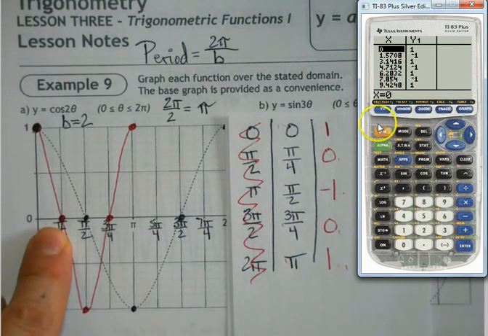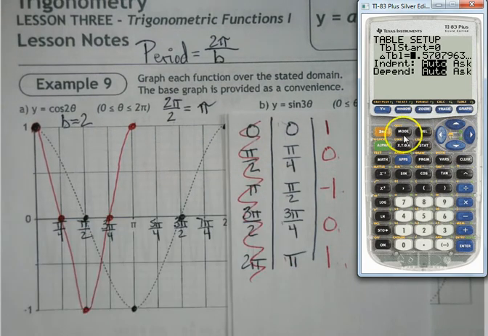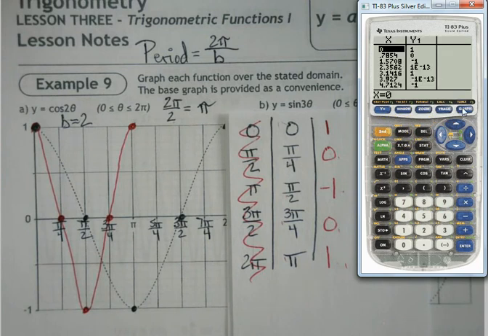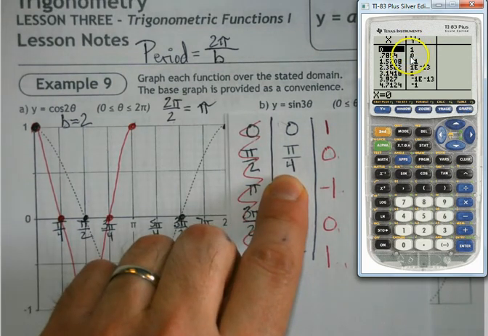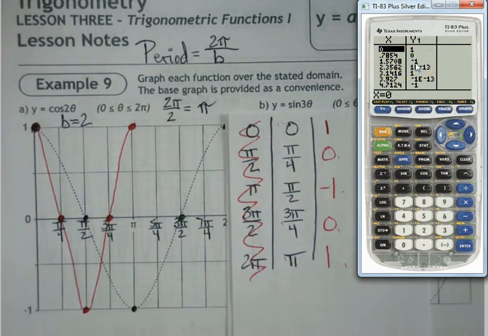You'd have to go back in and change your table set to dividing this by 2, which would be pi divided by 4. And that's the part that people usually start getting themselves in trouble with. Okay, there's my 0, 1. There's my pi over 4, 0. There's my pi over 2, negative 1. It works, but do you really want to have that many things that can kind of nab you?